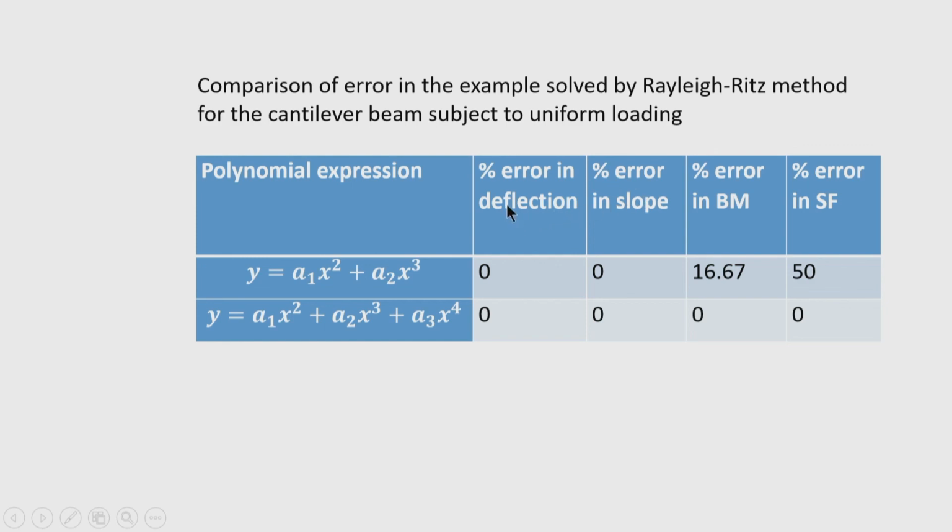Standard value of deflection at the free end is q naught L to the power 4 divided by 8 E I, whereas slope at the free end is q naught L cube divided by 6 E I.